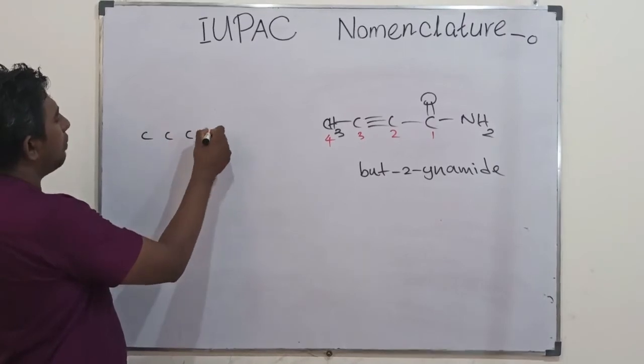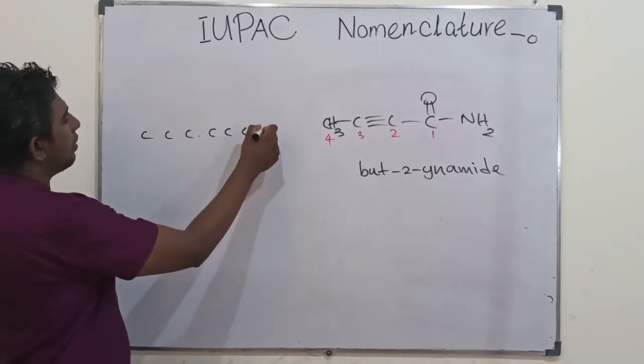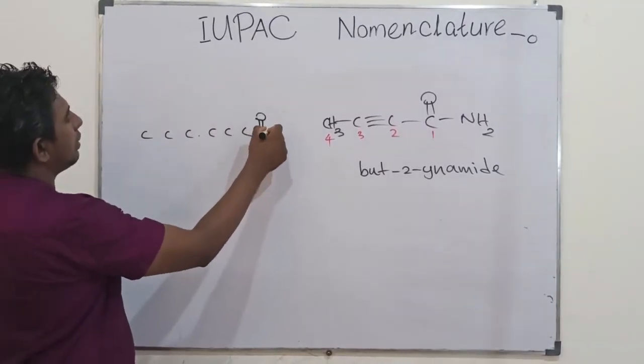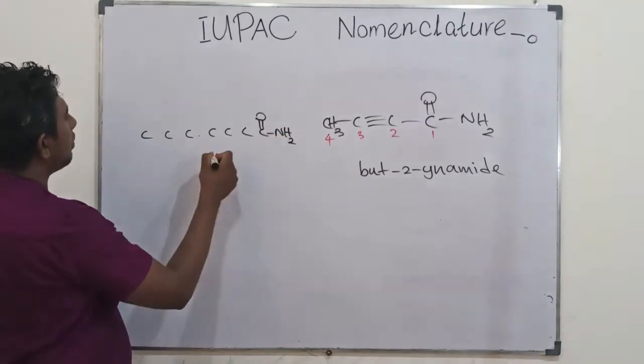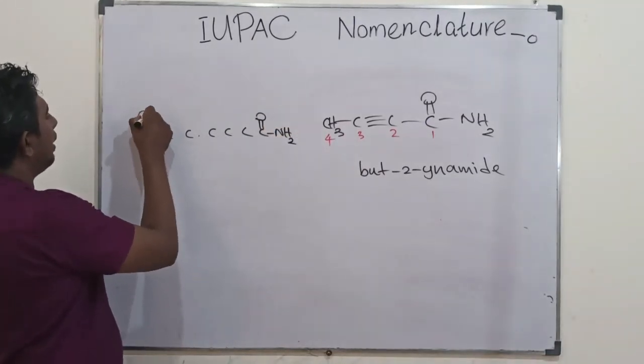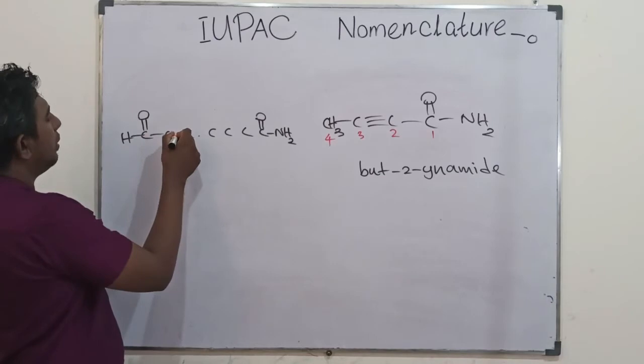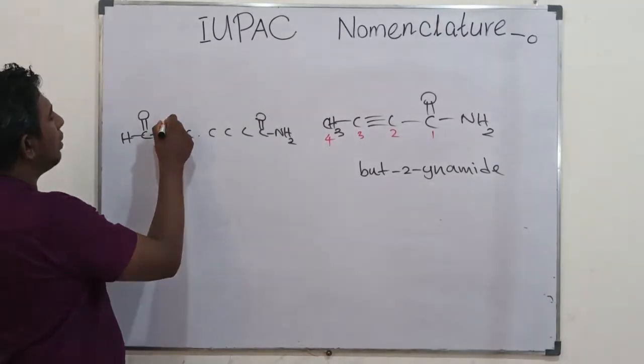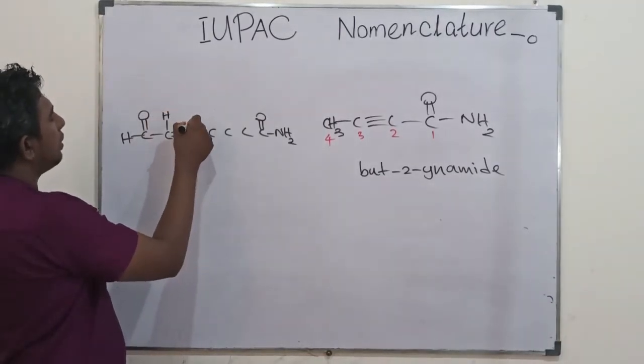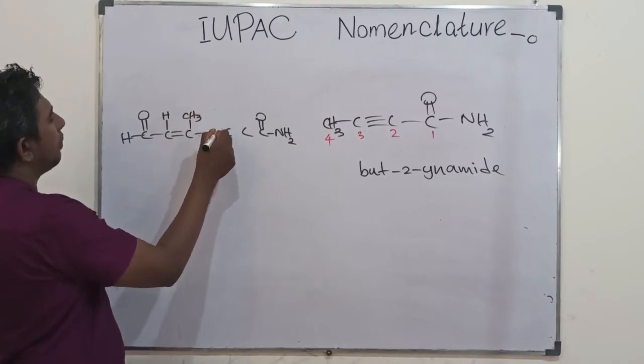1, 2, 3, 4, 5, 6, 7. It's NH2, CONH2. It's CHO, double bond, CH3.